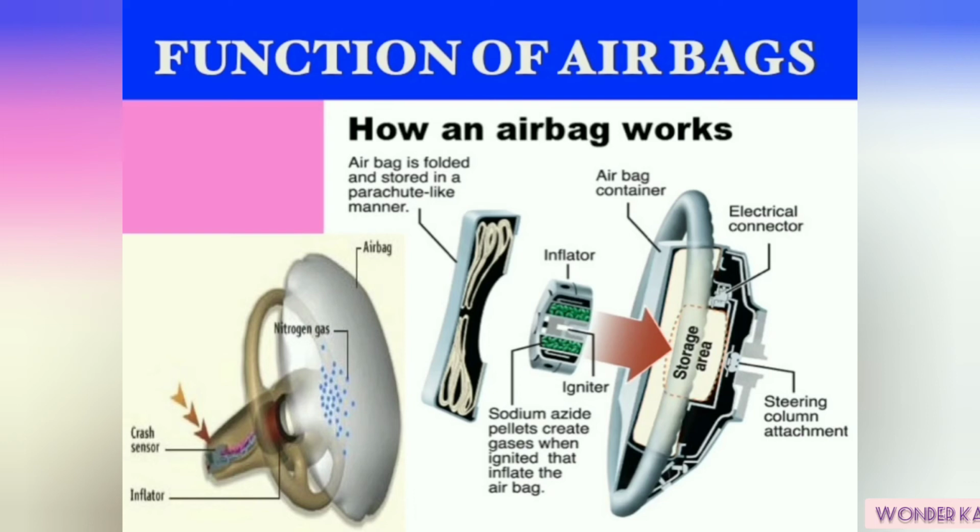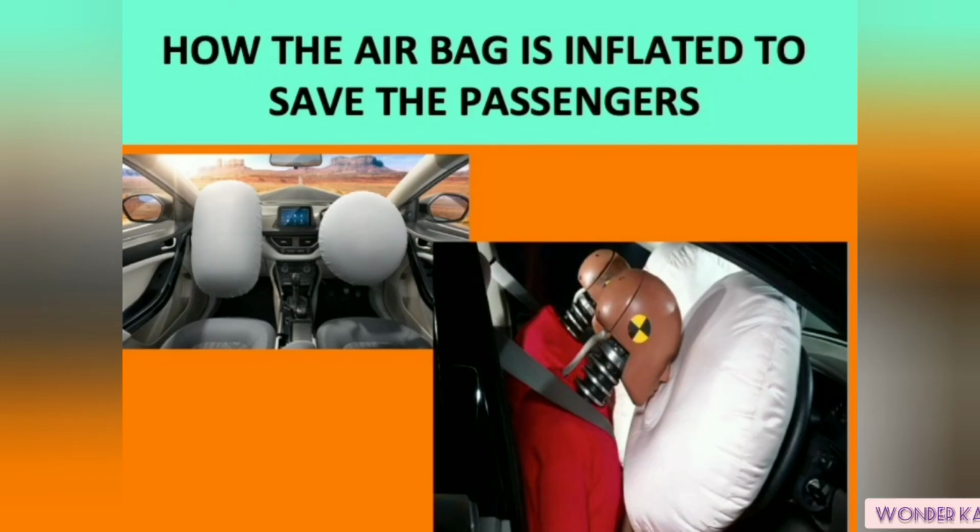When there is any collision or crash, the crash sensor gives a signal to the electrical connector. Subsequently, it goes to the inflator as well as the igniter to initiate the decomposition of the sodium azide present in it. It produces a sufficient amount of nitrogen gas to inflate the airbag fully to protect the passengers. Now you can see how the inflated airbags are saving the passengers during an accident.